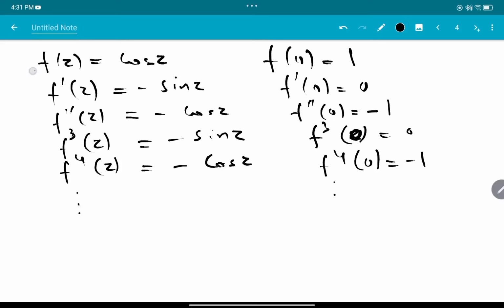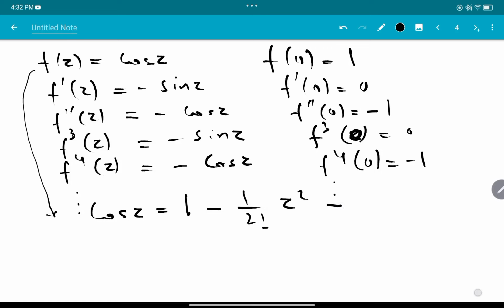We can now write cos z is equal to f(0), that is 1. Then the next term won't be there, the odd terms will not be there. Then minus 1 divided by 2 factorial z squared. Then the third term won't be there; then it was minus cos z, differentiated it became minus sin z, and becomes cos z.